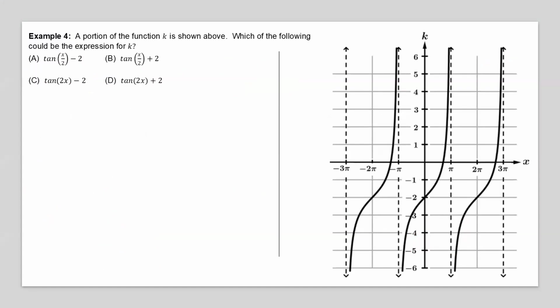All right, so here we have, which function represents this graph. So we have tan of x over 2, tan of x over 2 minus 2, tan of x over 2 plus 2, tan 2x minus 2, tan 2x plus 2. So the first thing we've got to figure out is what is our b, or d.